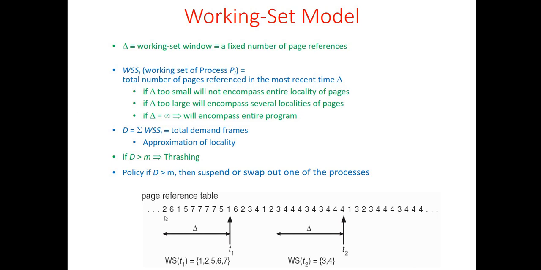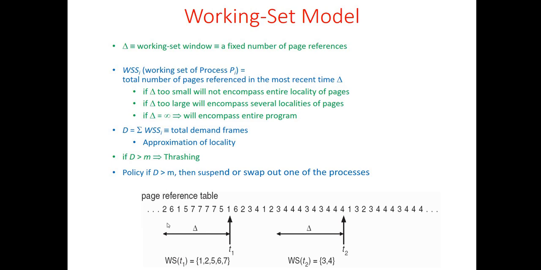For example, consider a page reference string like this. In a delta time t1, the number of pages referenced in this window period is 5, and the pages referenced are 1, 2, 5, 6 and 7.